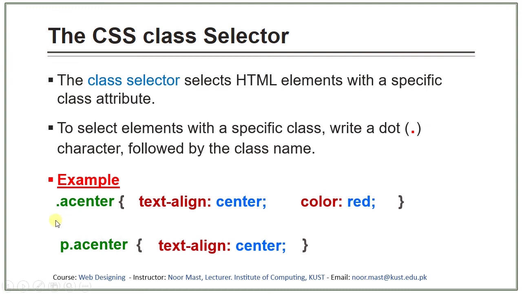So in this second case, the CSS rule will apply only to paragraph elements where the class attribute has a value of a center, while this first one will apply to all elements whose class attribute has a value of a center.